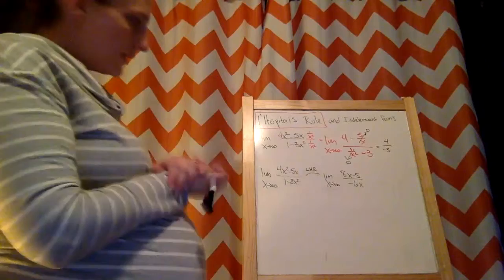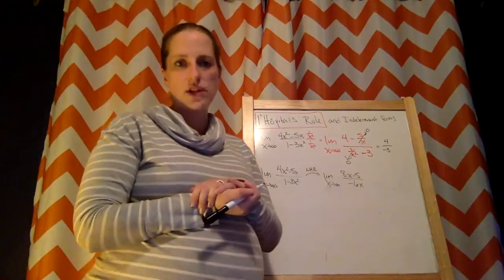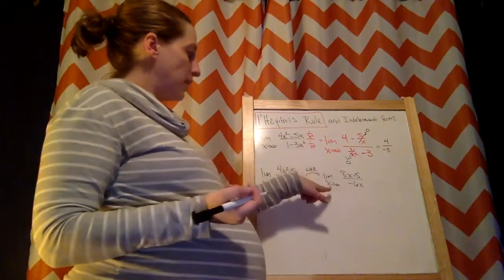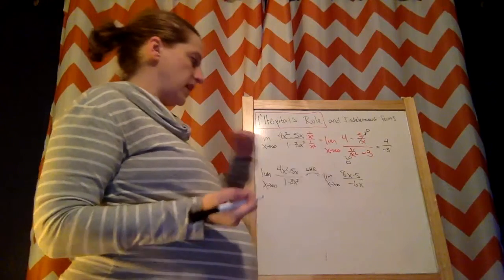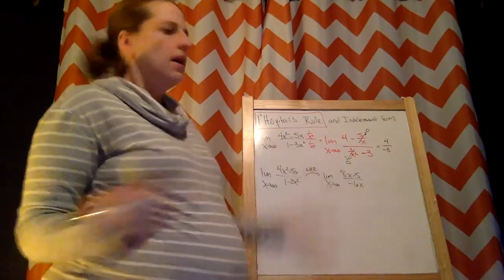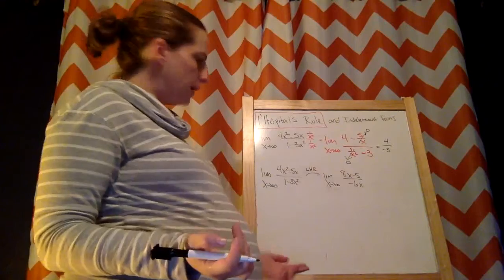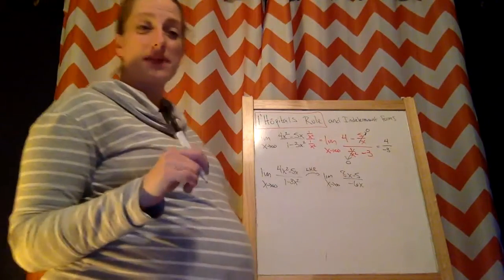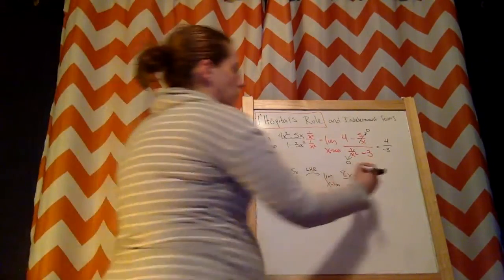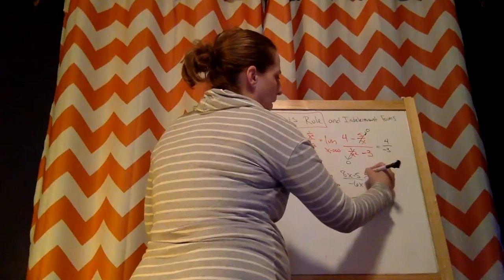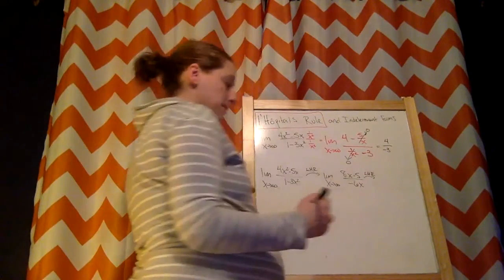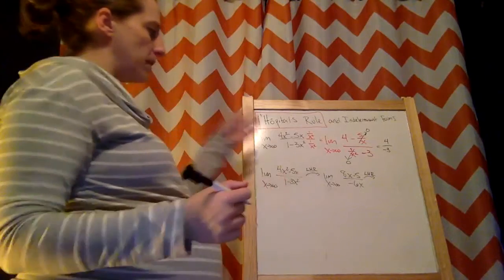Now, notice that we actually still have an indeterminate form here. When I plug in infinity, I have infinity over negative infinity. But L'Hopital's rule didn't work. Well, it did. We just sometimes have to apply it more than once. So we're going to apply L'Hopital's rule again, because I'm still in that indeterminate form, infinity over infinity.